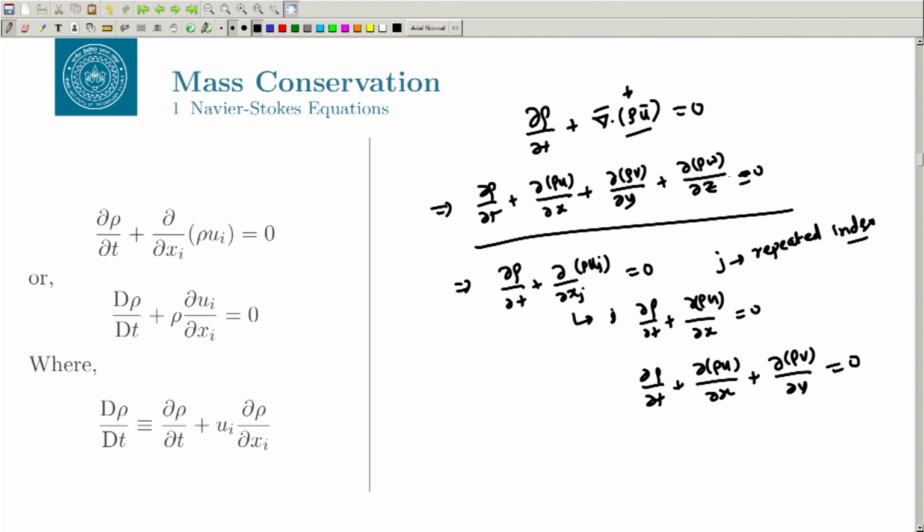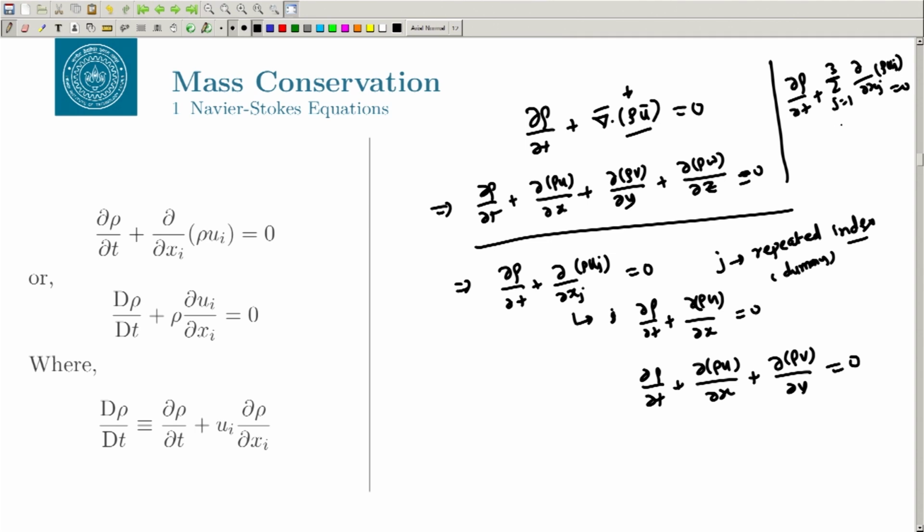So, this is a repeated index, or a dummy index, and this follows the Einstein convention or Einstein notation. Earlier, when tensor algebra was not used, you had to write del rho by del t plus sigma, j equal to 1 to 3, of del by del x j rho u j equal to 0, and then you do it for j equal to 1, 2 and 3.